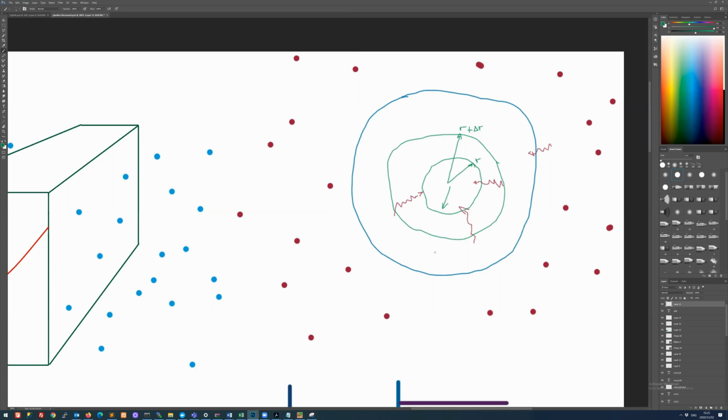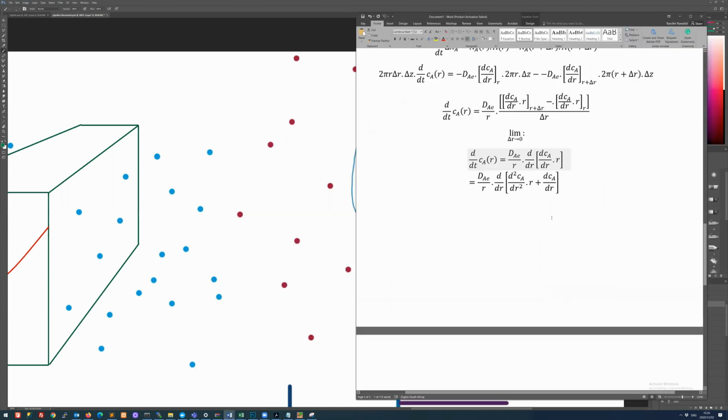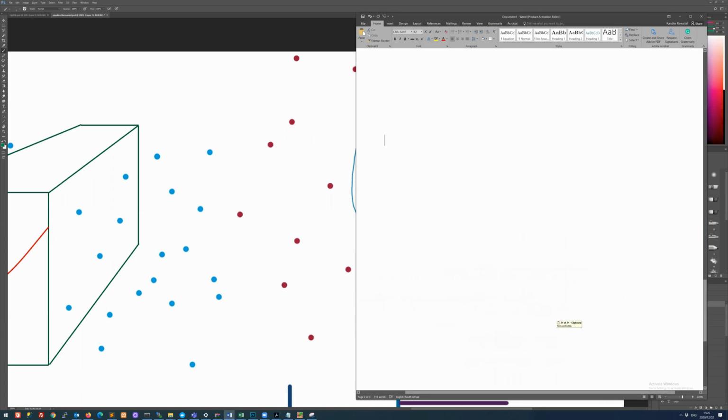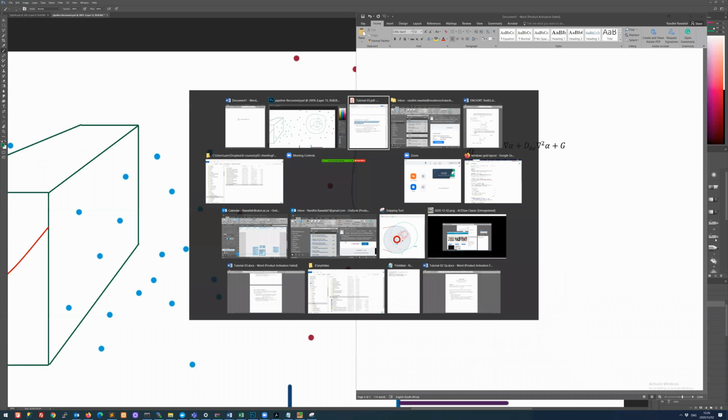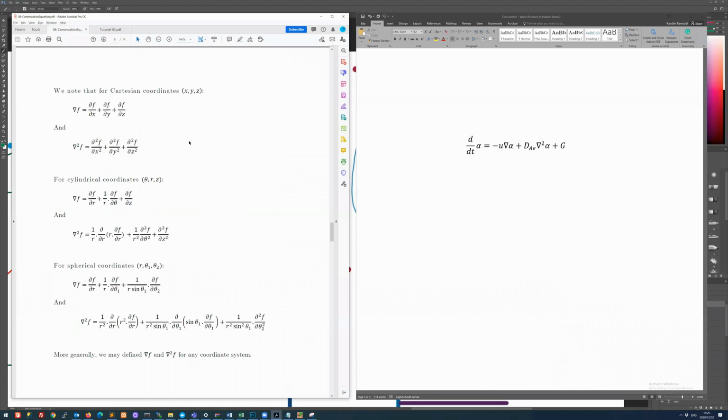That means it's diffusing inwards. That's fine. So again, we could start with the generalized balance, and we could go and look up for that geometry what the nablas work out to be. So you could go over to your table of forms for the nablas.